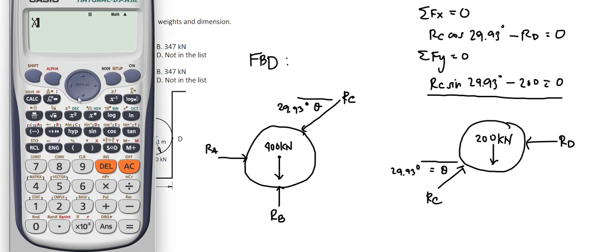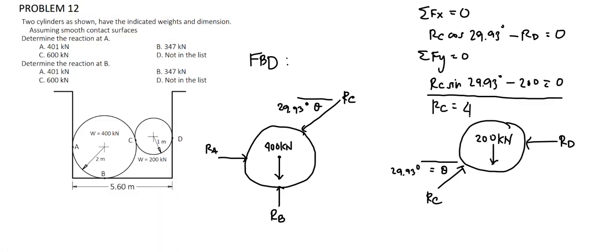That is RC sine of 29.93 degrees minus 200 equal to 0. Shift solve, we get 400.85 kilonewtons. That is our value for RC. And to solve for RD, we plug in this value to the first equation, summation of force x.